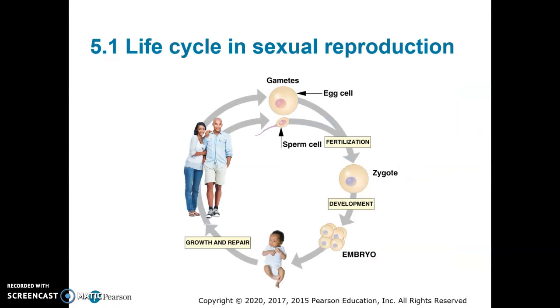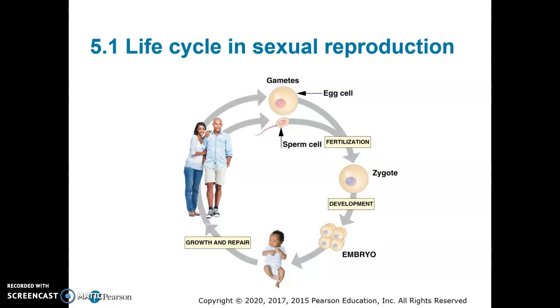And I'm sure you're familiar with the life cycle in sexual reproduction, that the male gamete or sperm cell fertilizes, it fuses with the female gamete cell called the egg cell. You produce a cell called a zygote. That cell has the full complement of genetic information, half from mom, half from dad.